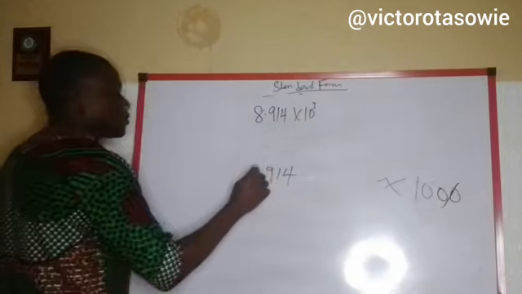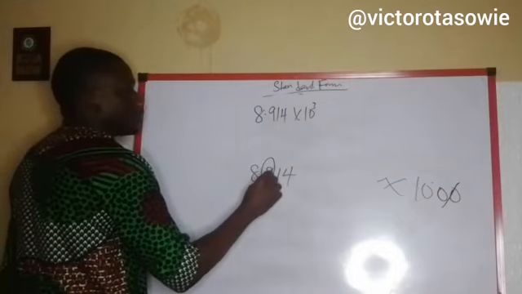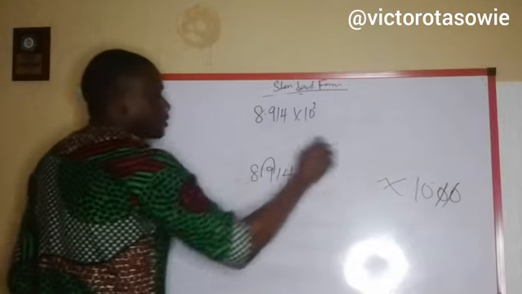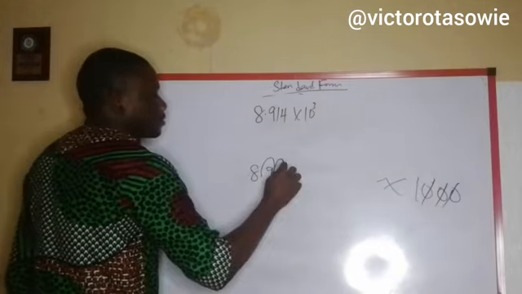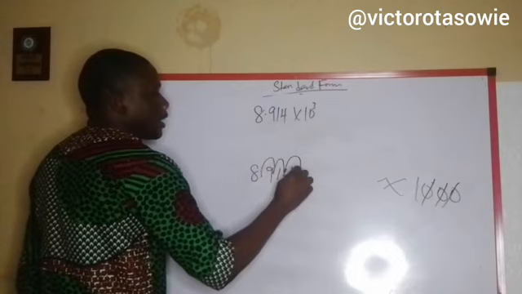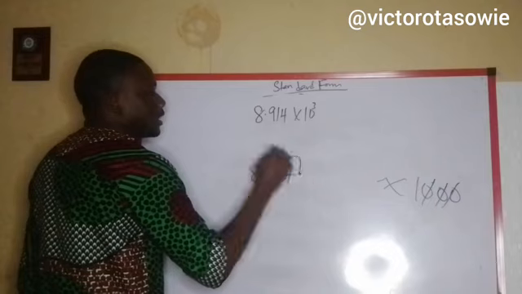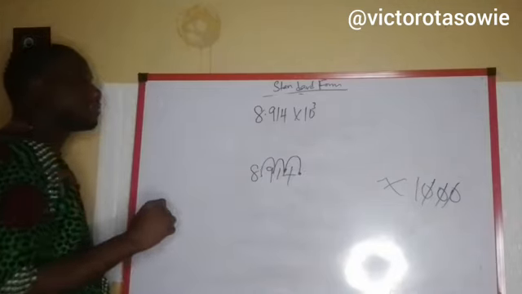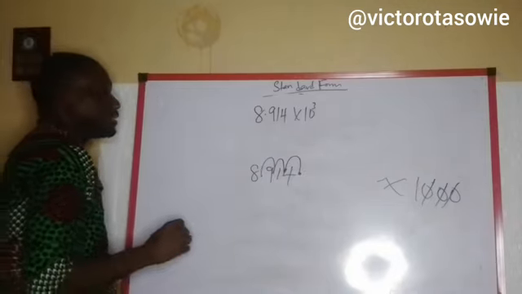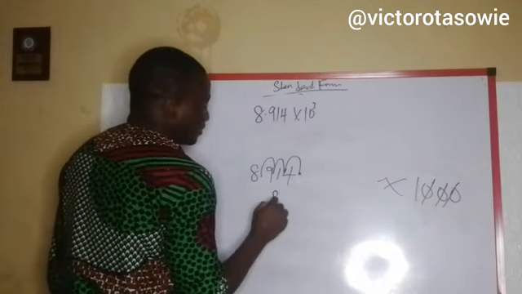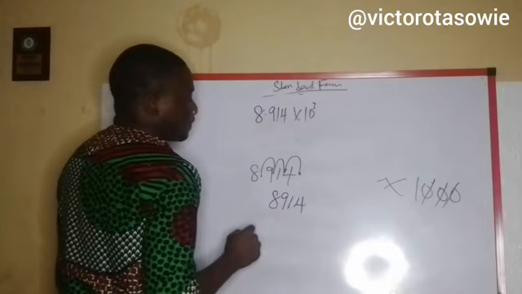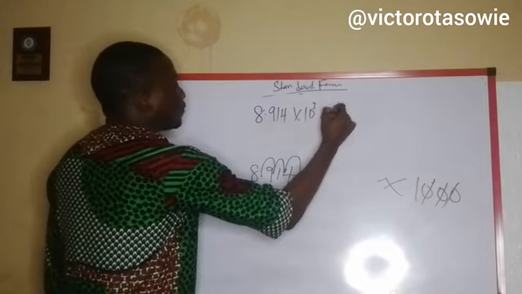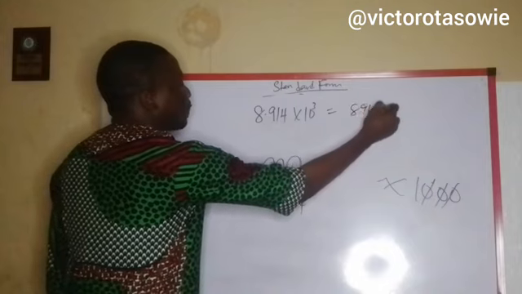Cancel 1 0, you move it 1, cancel another 0, move it forward, and cancel the last 0, you move it to this point. And when you move it to this point, it means that there's an invisible decimal point here, which implies that our final answer is going to be 8,914. That's our final answer. So if we are converting this to ordinary form, it is 8914.